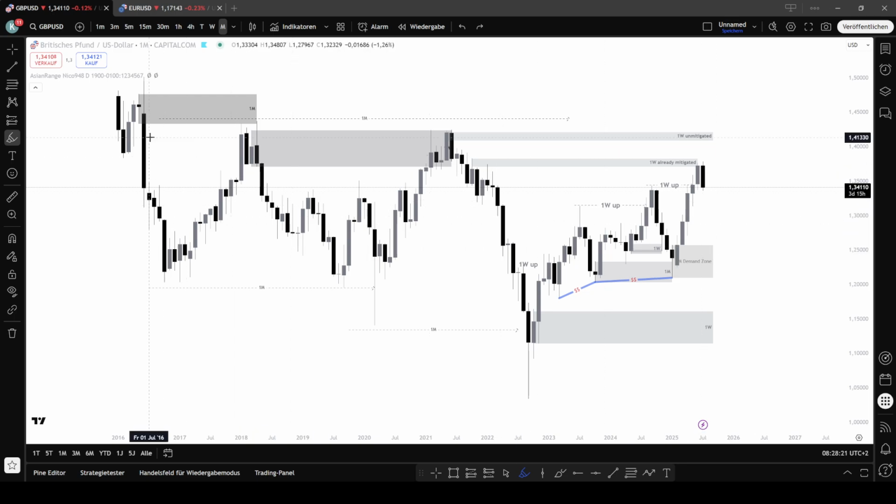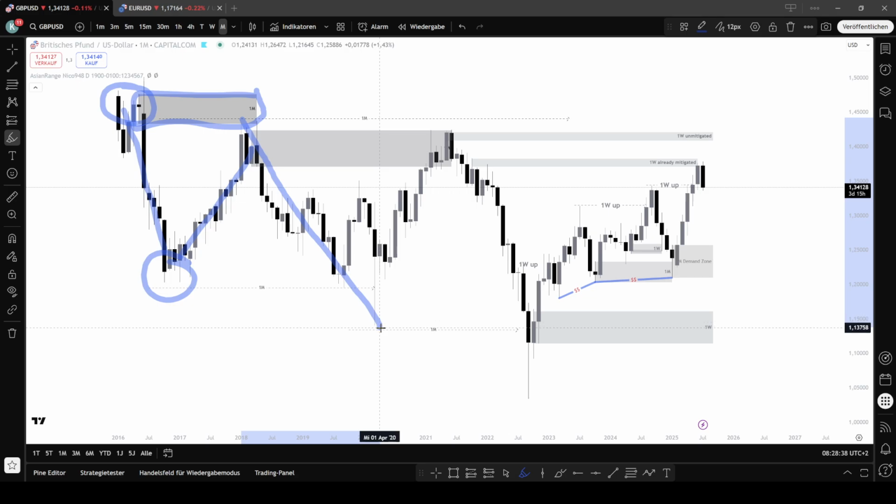Notwithstanding, looking also at market structure, we can clearly see that price created this high, which came down and created this low. We saw a retracement into this previous supply zone here. We got a reaction. Price went down, broke structure to the downside to form a lower low.